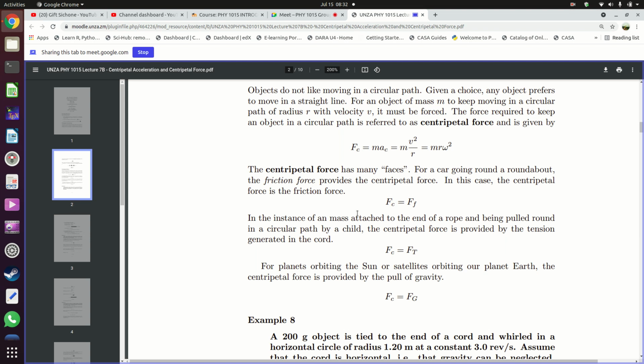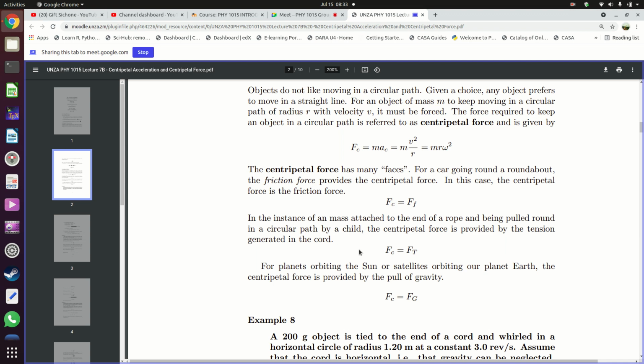There are also other cases which are not very obvious. For example, we have our planet Earth and other planets going around the sun, but also I think you've heard of people launching satellites into space, and these satellites go around the Earth.